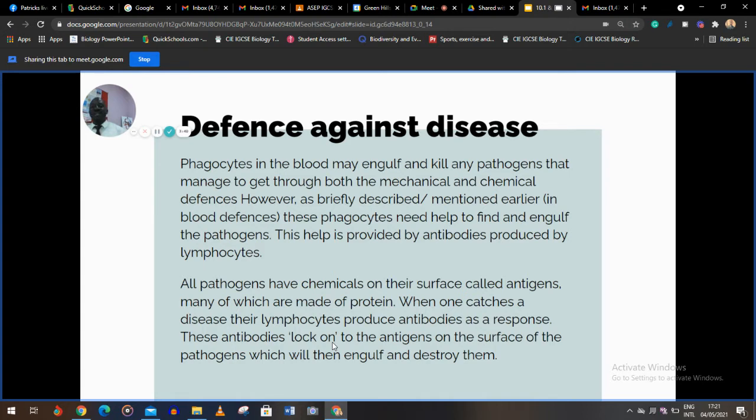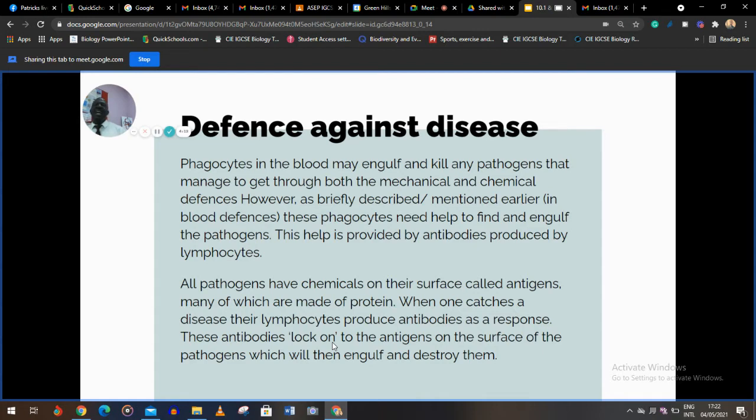So in the body, all pathogens have chemicals on their surfaces called antigens. Every pathogen has specifically designed proteins on its body, and these are referred to as antigens.